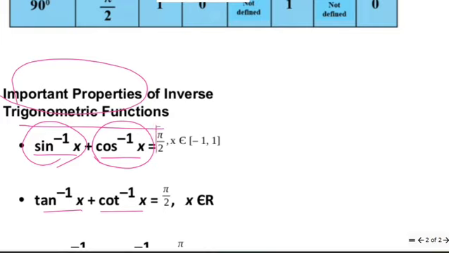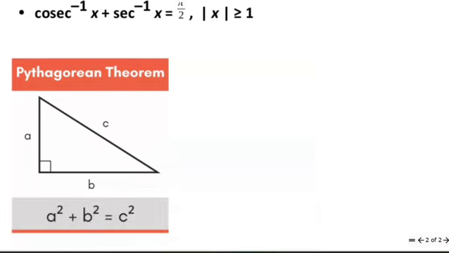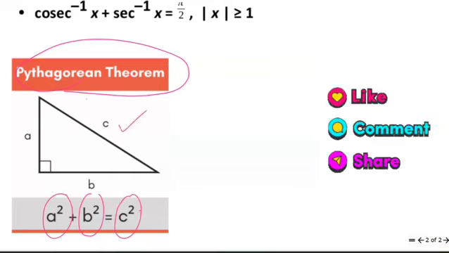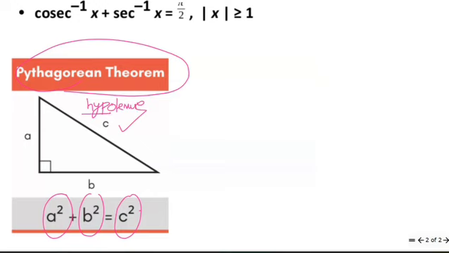Here it is equal to 90 degrees. 90 degrees means we can use a right triangle, and a right triangle means we can think about the Pythagorean theorem. What does it say? a square plus b square is equal to c square, where c is the hypotenuse, the side opposite to the 90 degree angle. The 90 degree angle is denoted with a little box like this.